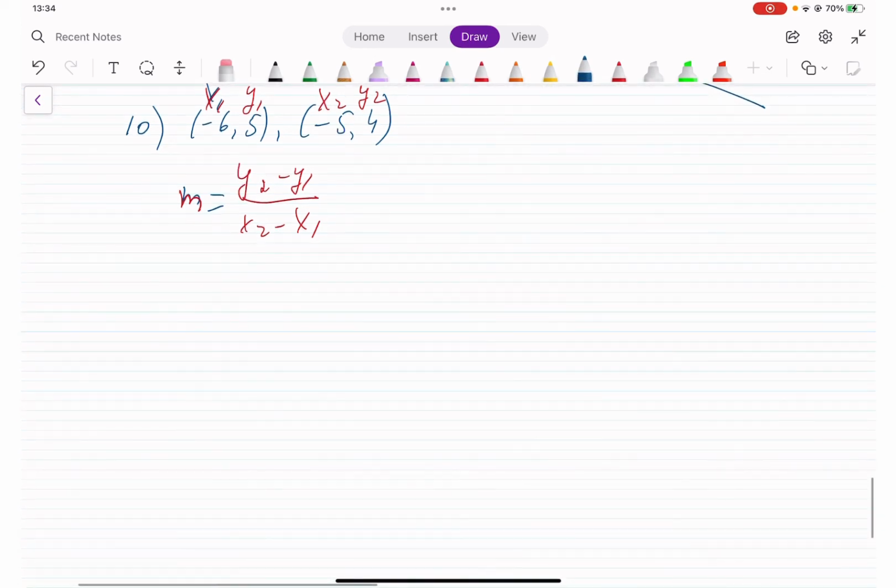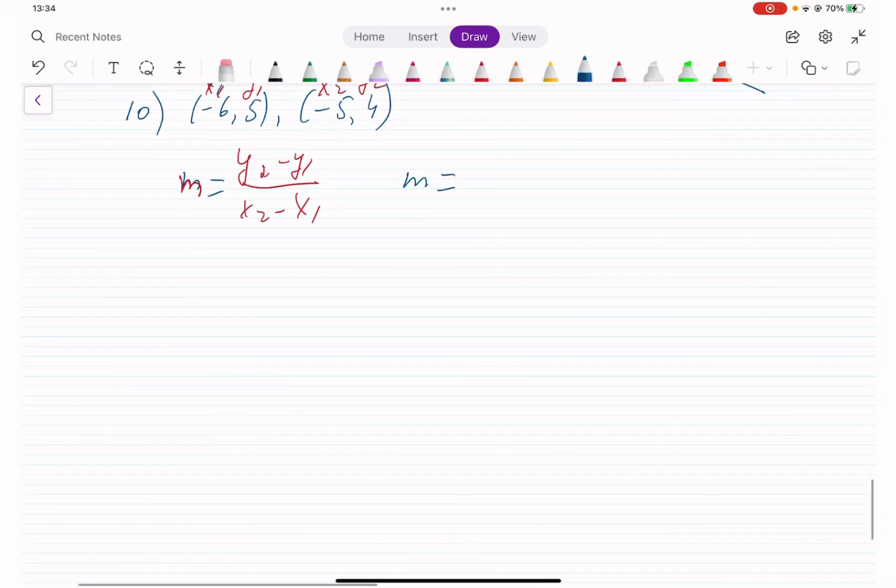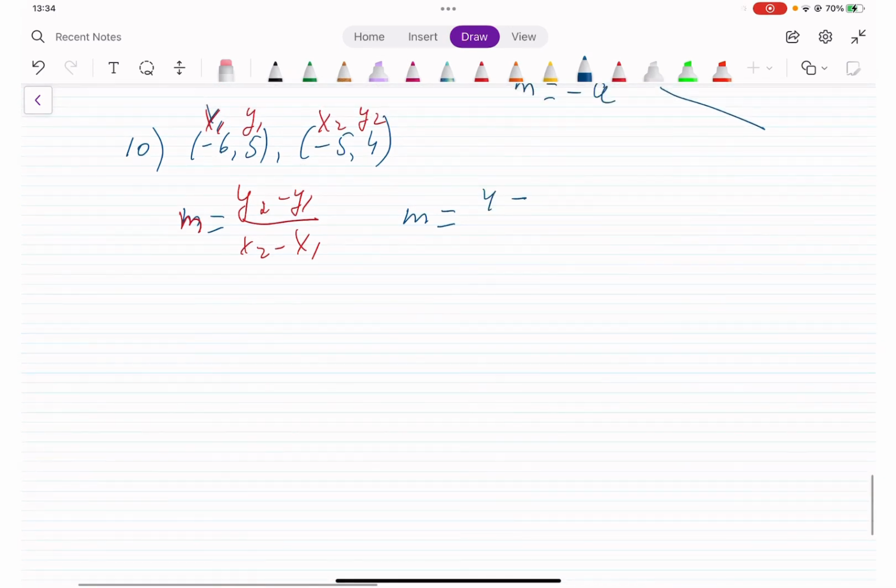And from here, the slope is equal to y2 is 4 minus y1 is 5, over x2 is negative 5 minus x1, which is negative 6, so negative 5 minus negative 6.